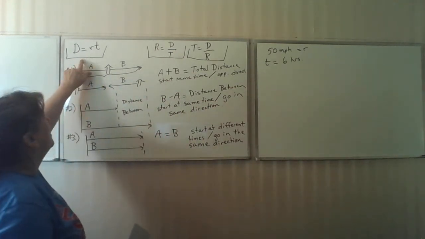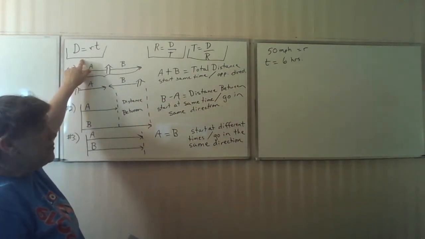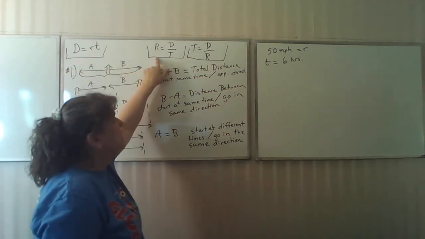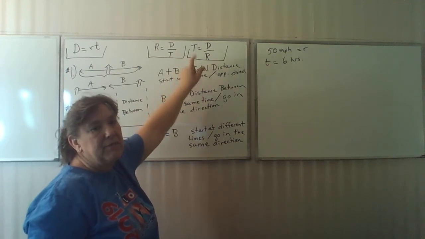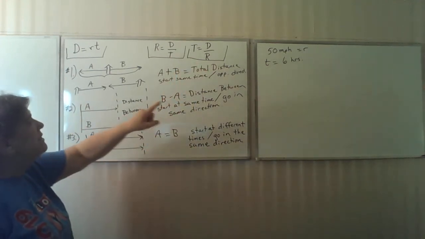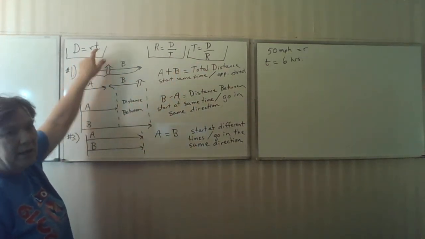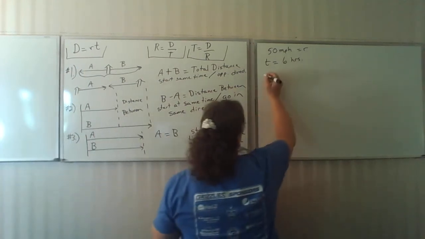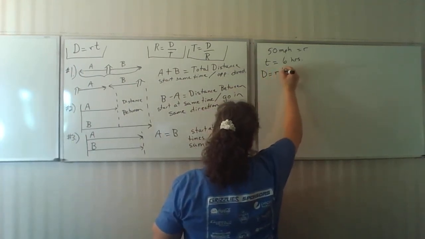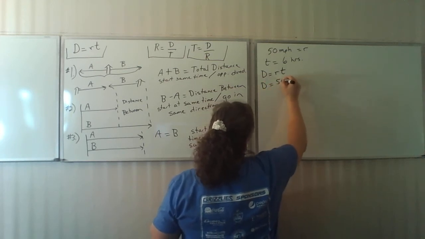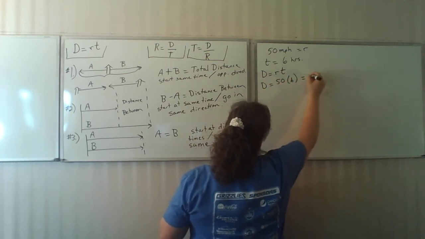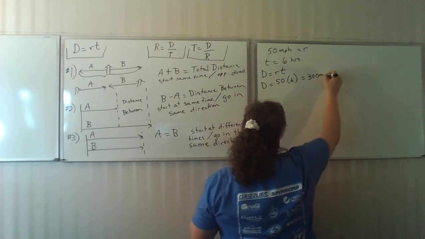Which formula will I use? Distance equals rate times time. Rate is distance divided by time, or time is equal to distance divided by rate. Well, we know the rate and time, so we're going to want this one. My distance is equal to rate times time. Therefore, my distance is equal to 50 times 6, which is 300 miles.